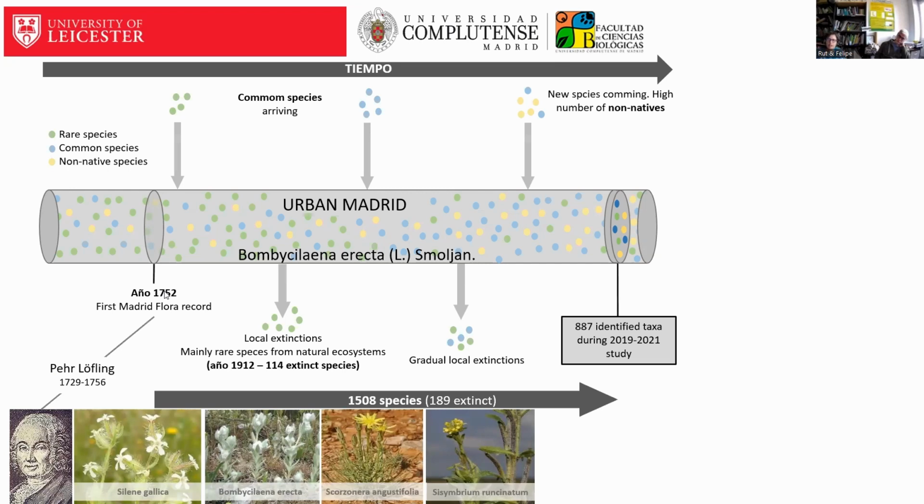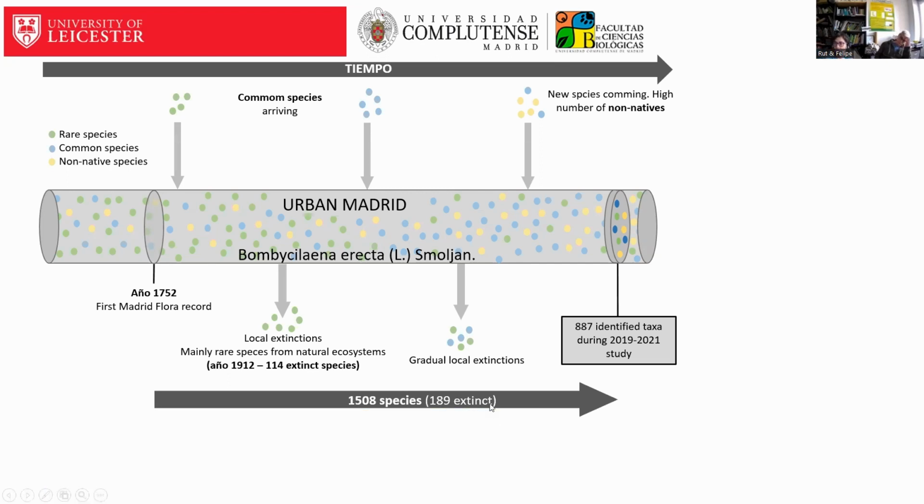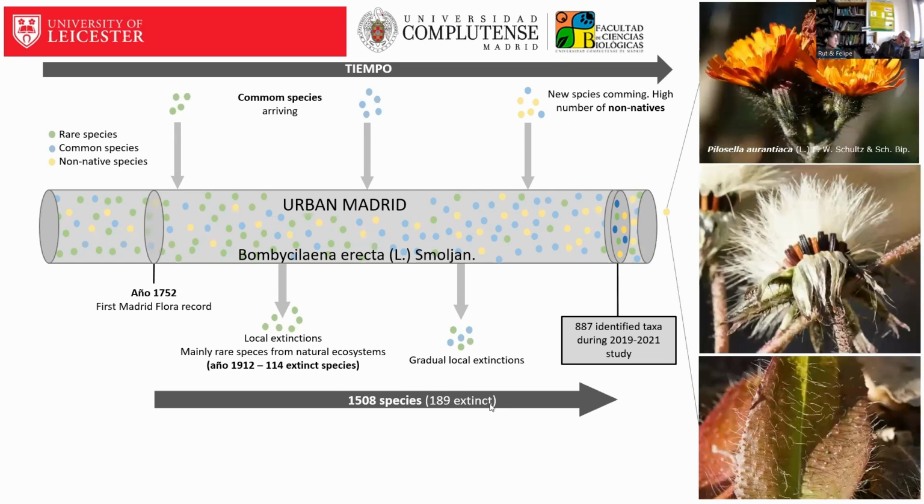As Felipe said, cities are dynamic. 189 of the species that were recorded at the very beginning went extinct. But on the other hand, we also collected new species, because every single day new species are coming to the city, and some of them are aliens, some of them are not. So it's a very interesting habitat, and it's very, very dynamic.